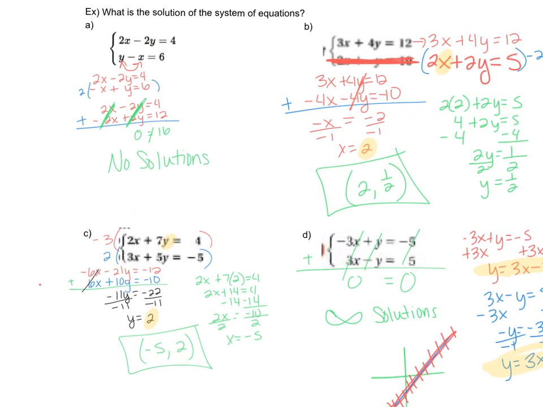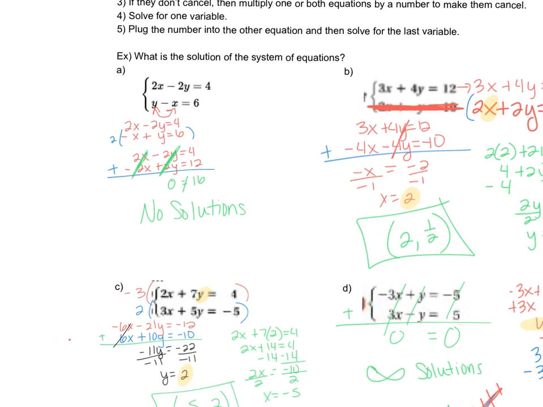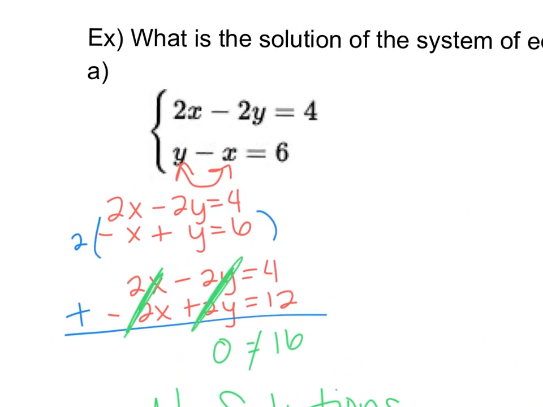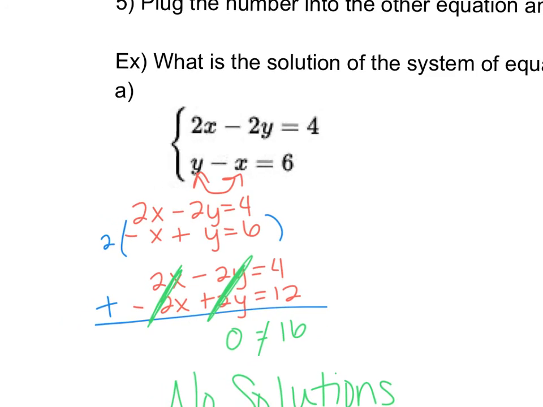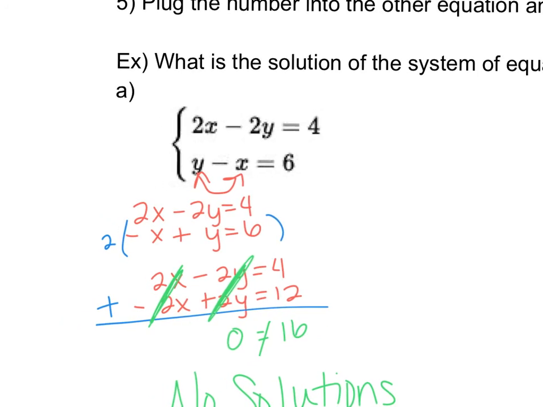So let me just show you something on these ones. Like on this first one, since the y and the x are almost by themselves, if I were just to see this problem, I probably would have used substitution, where I would have got the y by itself and then substituted it in.